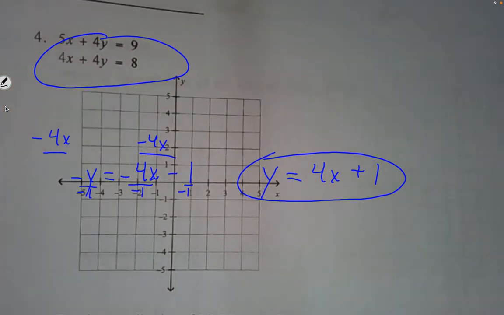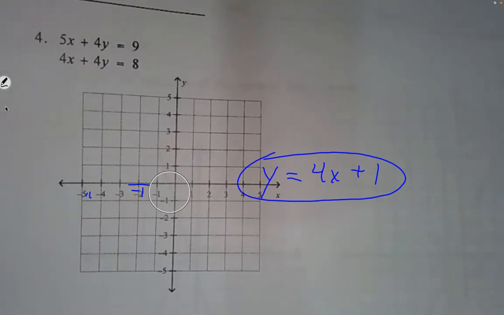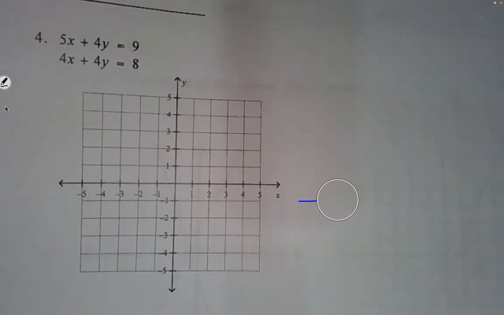What's the problem with both of these equations? They don't say y equals. I think there's only 1 or 2 other ones that are like this on today's paper. So we have to solve them. I'm going to start with the top equation, 5x plus 4y equals 9. I have to get y all by itself.